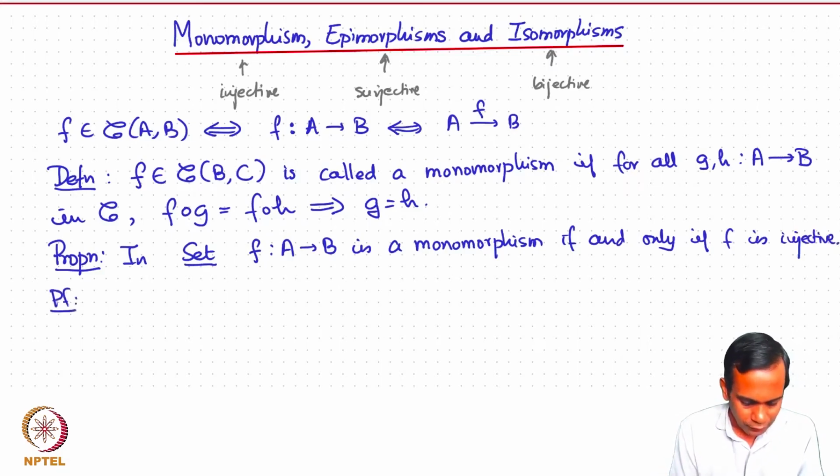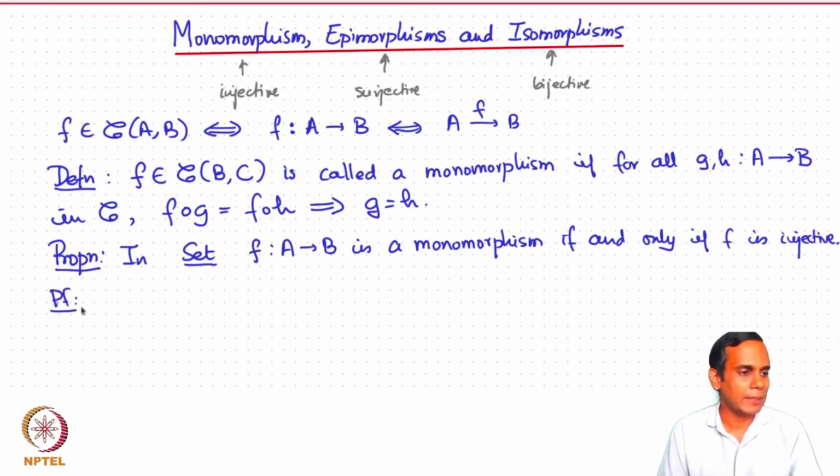The proof is not very difficult, but I'll do it carefully nevertheless. As you'll see, these things can be a little dicey in category theory. You need to actually prove things. So we'll prove it carefully.